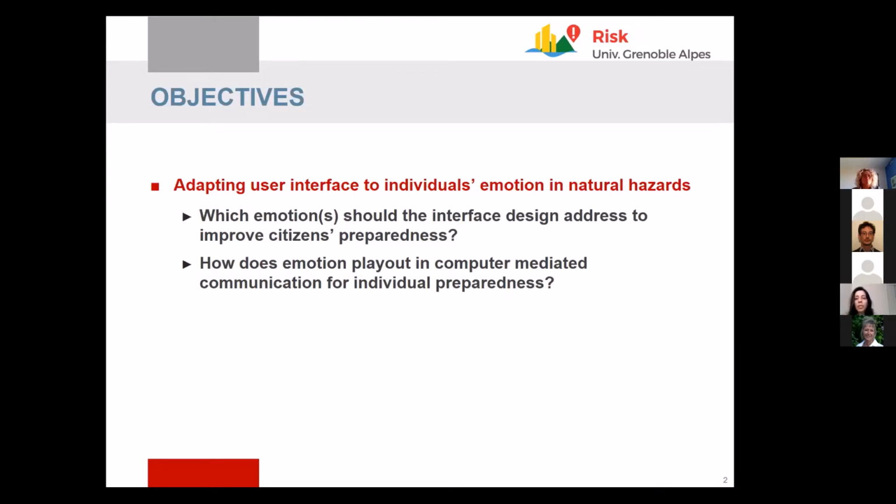For example, as we all know, every single person experiences different intensity in their emotion when they face the same situation. So the use of this emotion to have a personalized adaptation for each person is something that we are interested in.